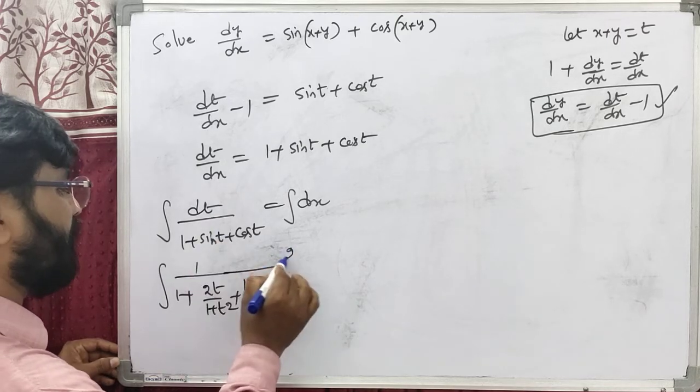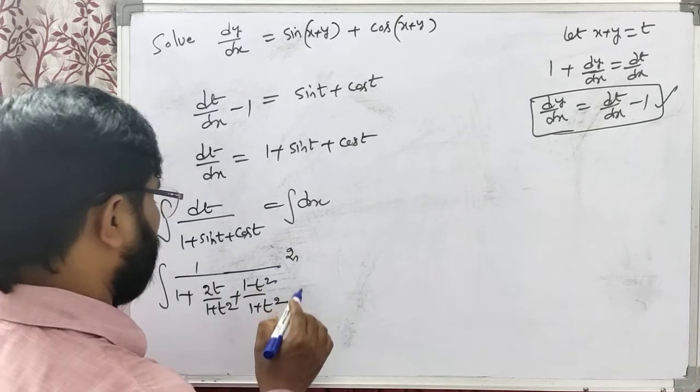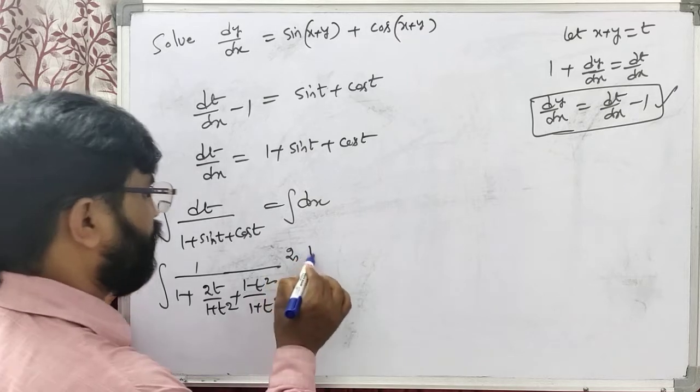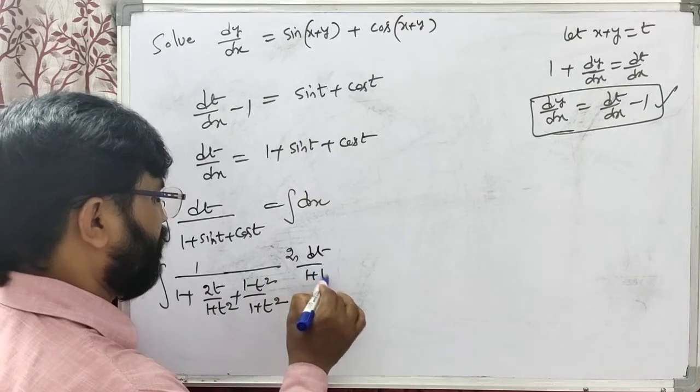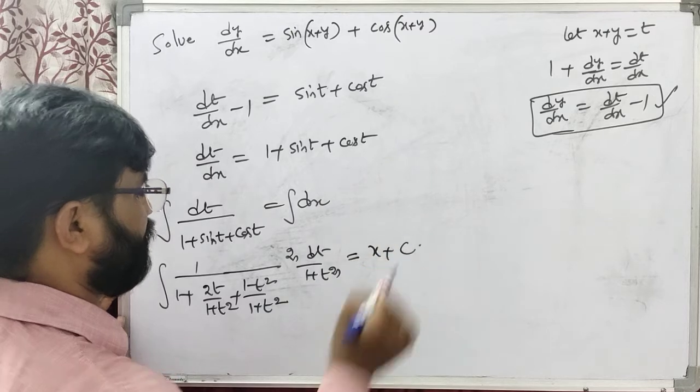The dt can be written as 2 dt by 1 plus t square. This is x plus c.